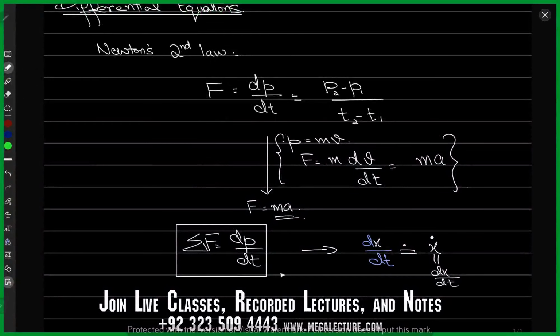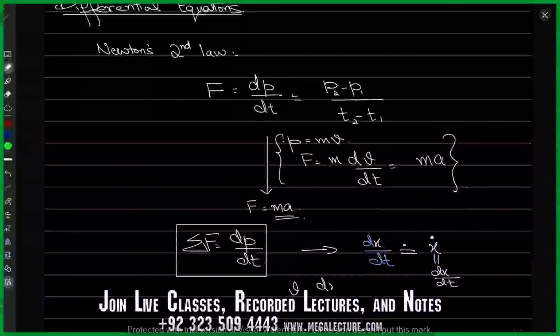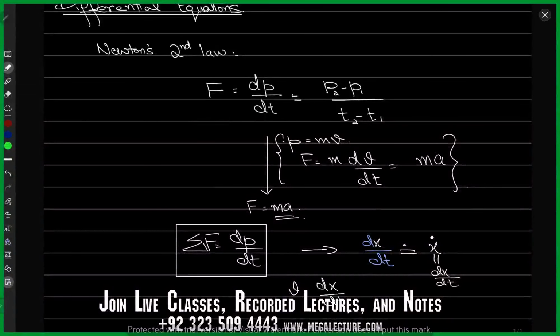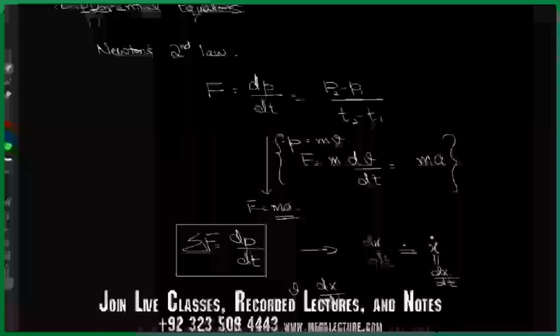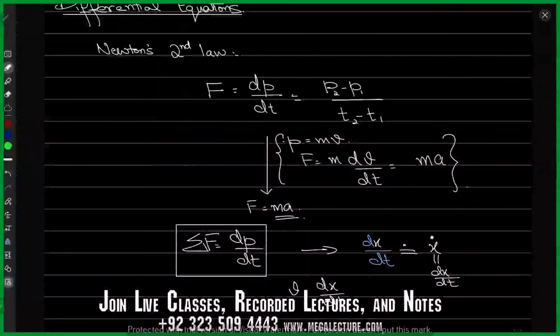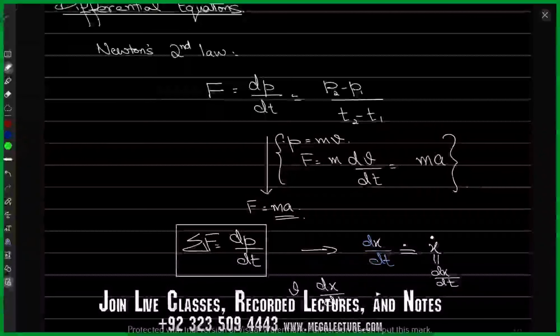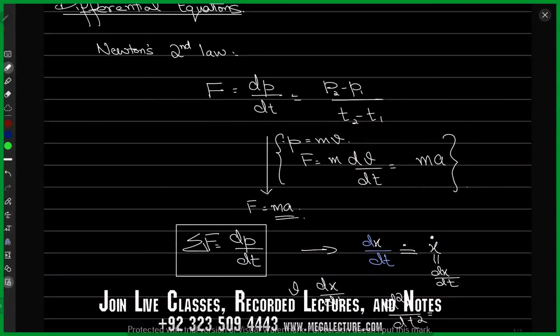But do you agree with this thing that velocity is dx by dt? Is everybody agreeing with this thing? Yes. Okay, all right. So if you agree with that, then suppose I write d squared x by dt squared, what would this be?